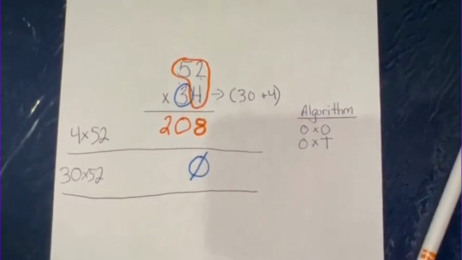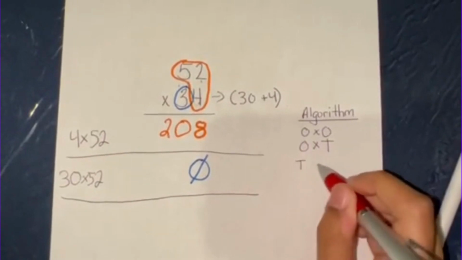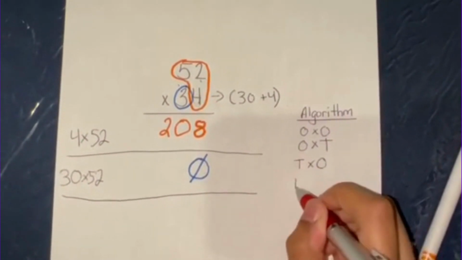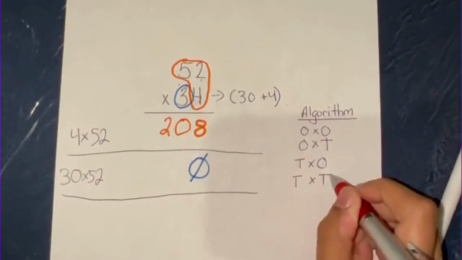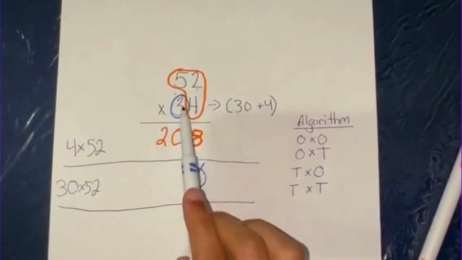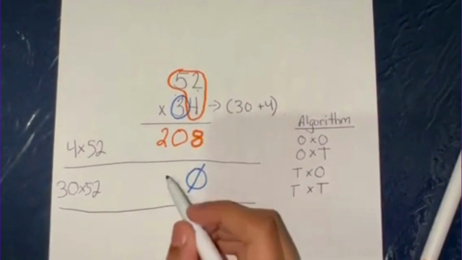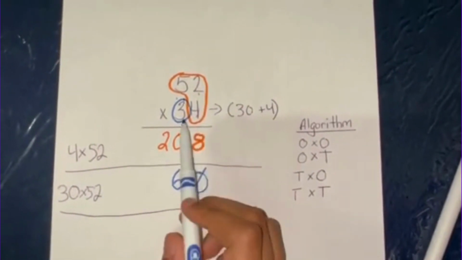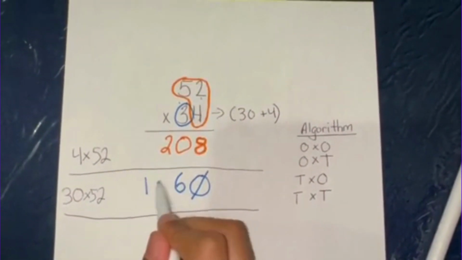So let's write our algorithm. 10 times the ones, and then the tens times the tens. So let's continue. 3 times 2 is 6, and 3 times 5 is 15.